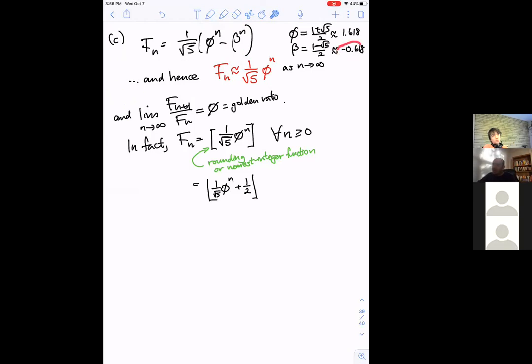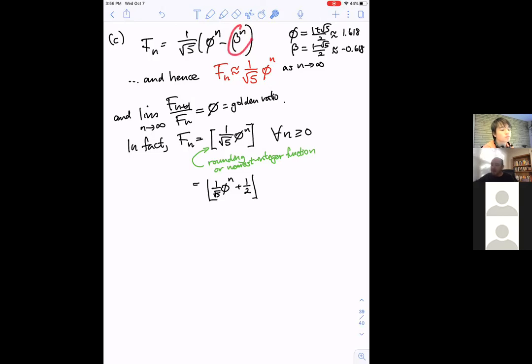In fact, once you get to beta squared or beta cubed, it's smaller in absolute value than a half, which means this formula is going to be correct. You know that F_n is this thing minus this thing, divided by square root of 5.